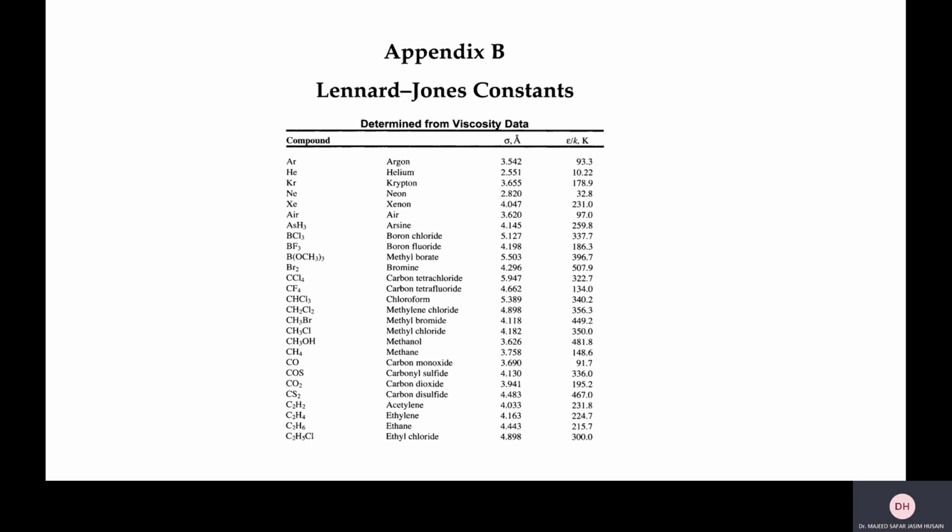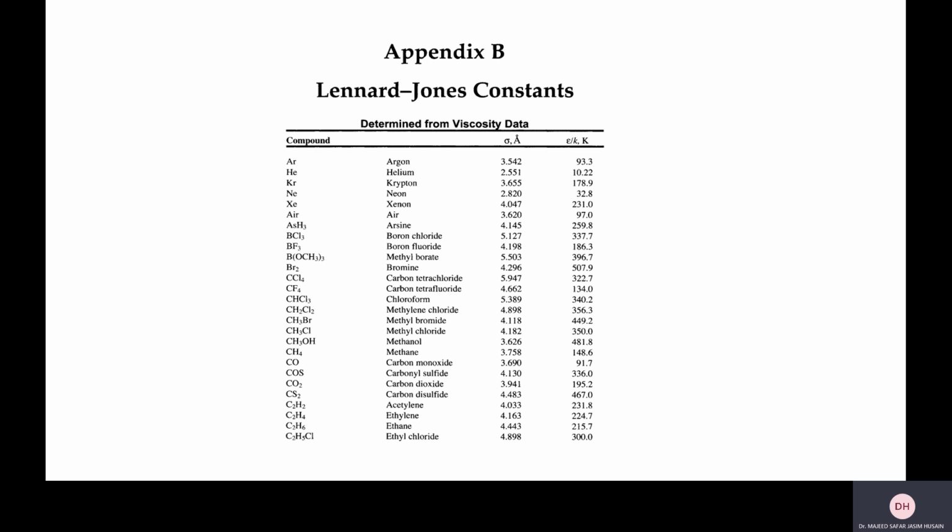The table here, Appendix B, if you look, the one that you have is the air. Sigma for the air is 3.620. So that's given to you. So you just take it and you put the angstrom as a unit, and that's that.